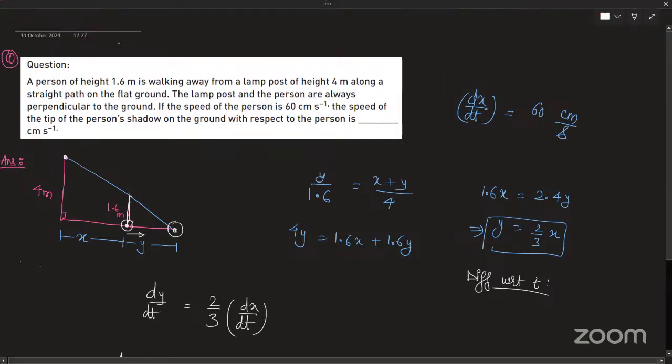The lamp is over here. He's moving forward now, sir. The shadow will move on the right side.